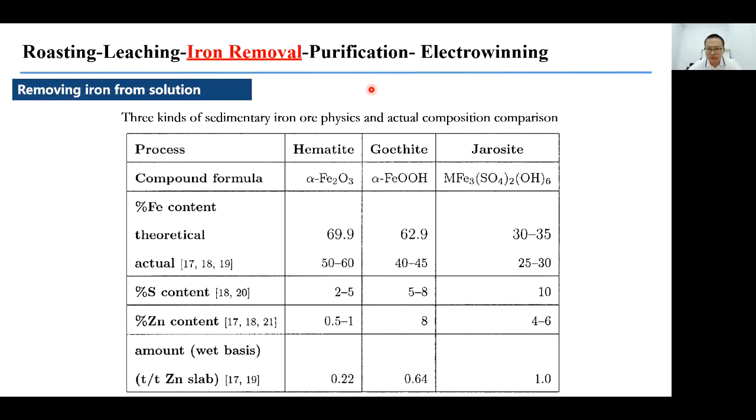And goethite is 0.6, the ratio. So among these three minerals, this one is more ideal, since it has a higher iron content and the amount of residue is smaller. So we are emphasizing this one, but jarosite is more popularly used nowadays.